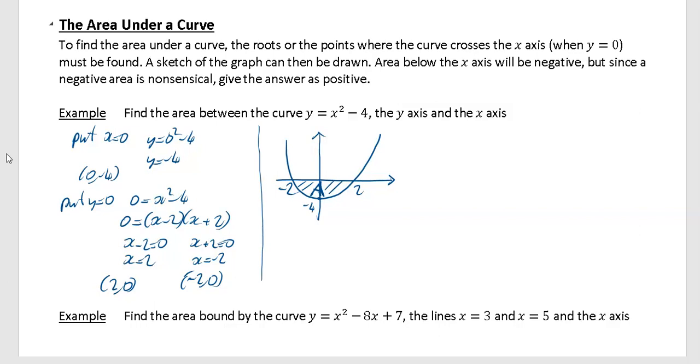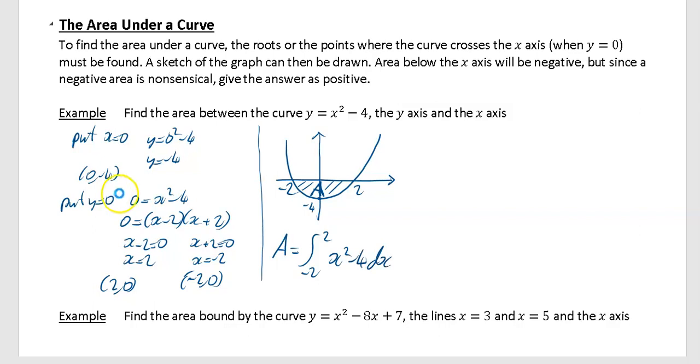Okay, now this is the good bit, and this is where the integration comes in. To find your area A, it is going to be the integral between x equals minus 2 and x equals 2 of your curve, which was x squared minus 4 dx.